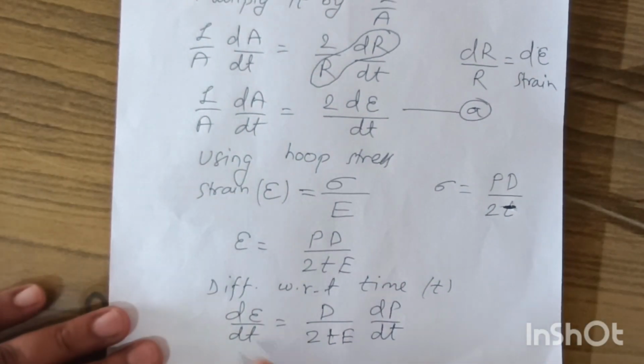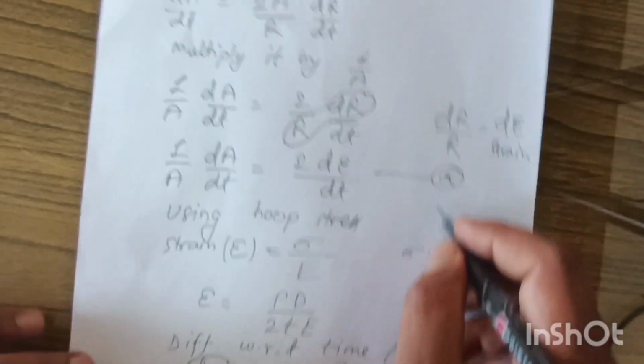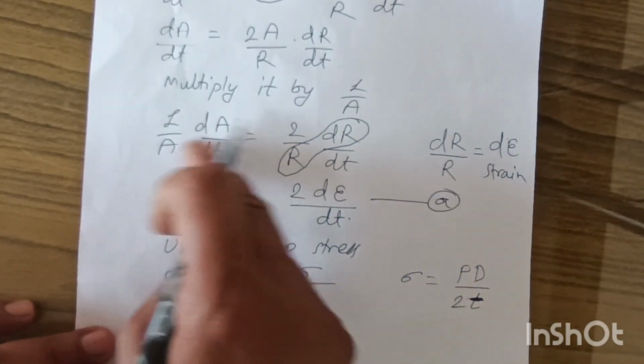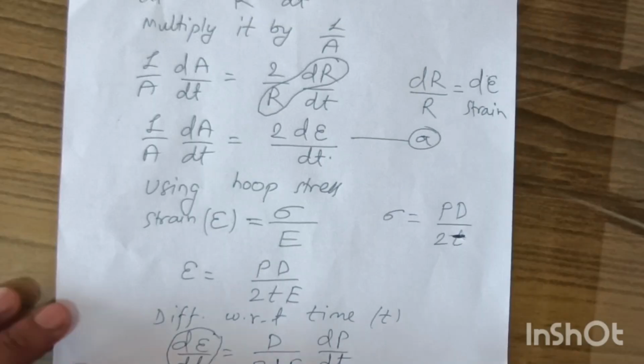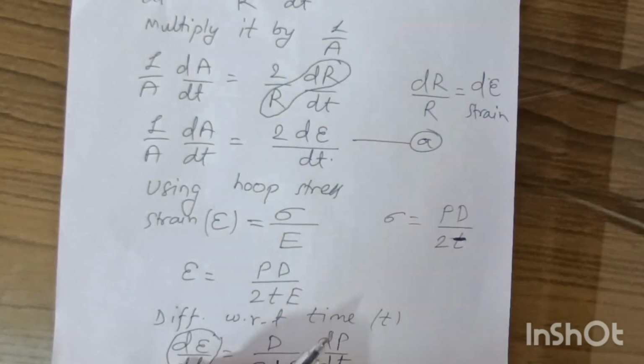Okay, let's substitute this dE by dt in equation number A, to get the first term, that is 1 by A dA by dt. So we have to substitute this dE by dt, change in strain with respect to time, into equation number A.